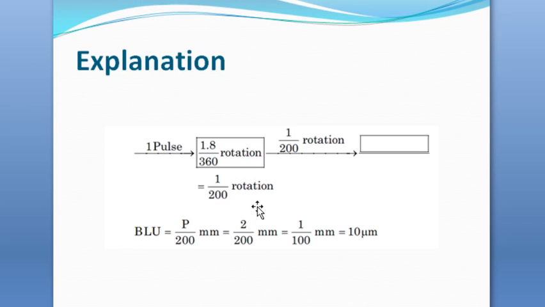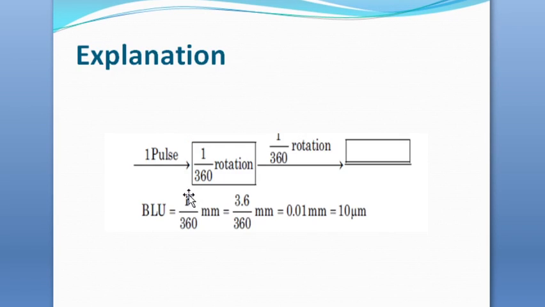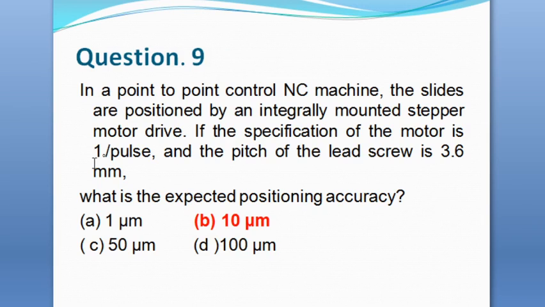In the previous problem, 1 pulse rotates the 1 degree. Can you understand? Then problem number 10 and problem number 9. Here, 1 pulse received, the stepper motor rotates the lead screw of the table.